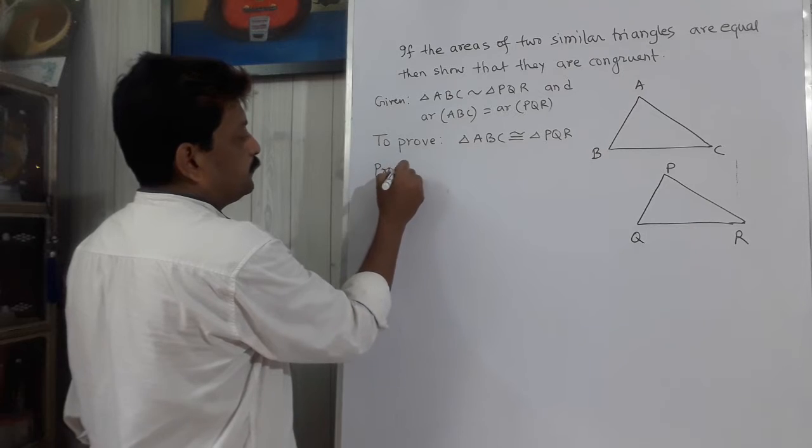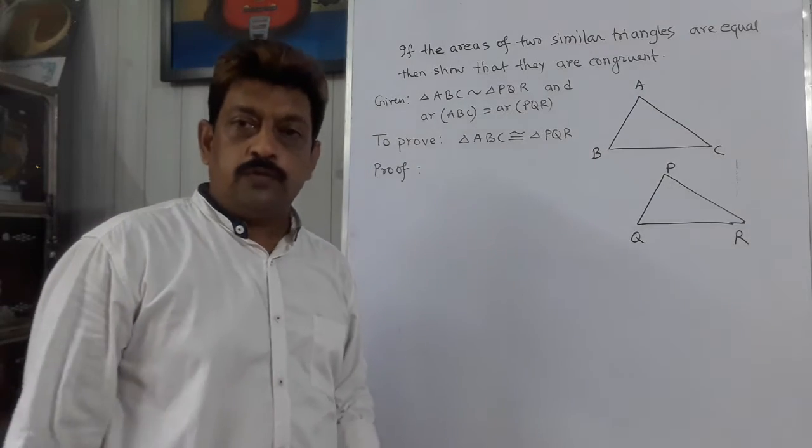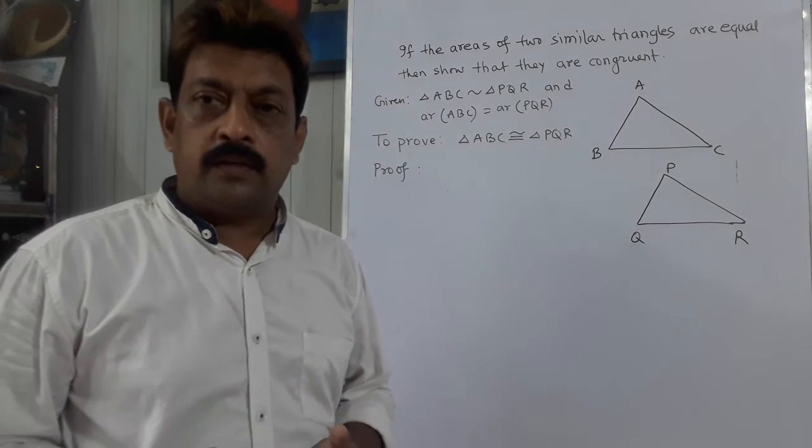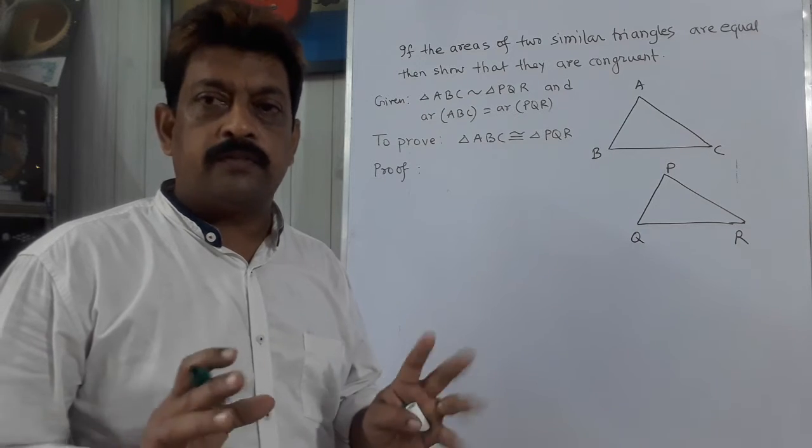Now the proof. We know if two triangles are similar, then we can apply the theorem of ratio of areas of two similar triangles.